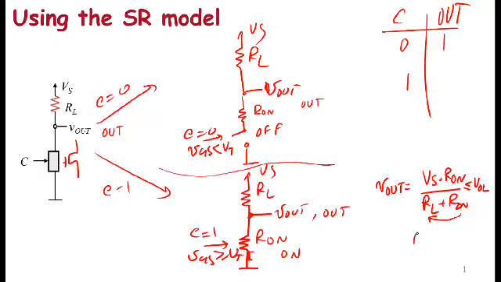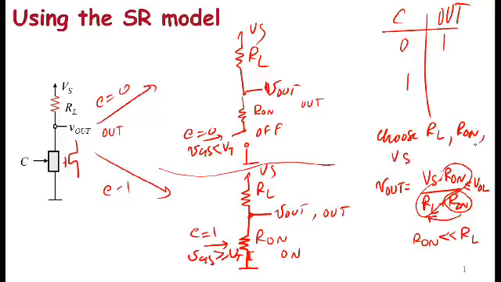If R on is much less than RL, then I can ignore R on compared to RL, so R on divided by RL is significantly lower than 1, and multiplied by VS, I can make that less than VOL. If I choose my parameters, RL, R on and VS, wisely, I can make this condition true.